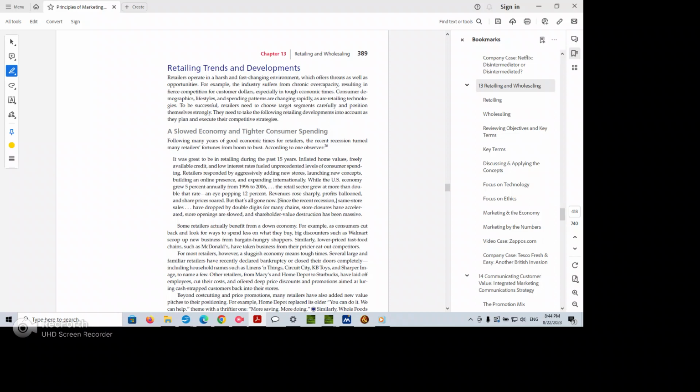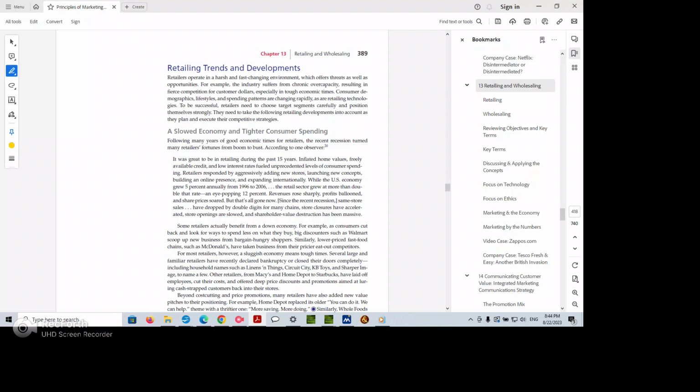This is retailing trends and developments. Okay. Now, remember that retailing operates in a harsh and fast-changing environment, which offers threats as well as opportunities.